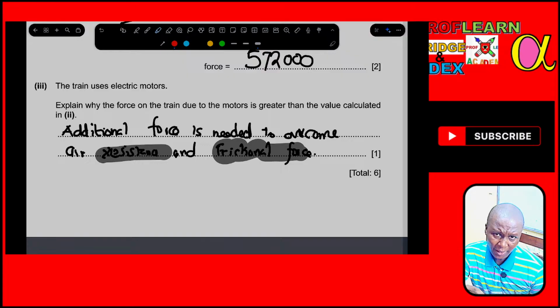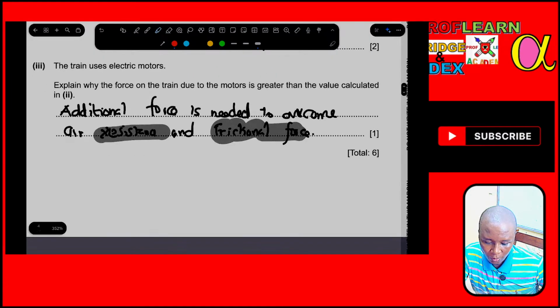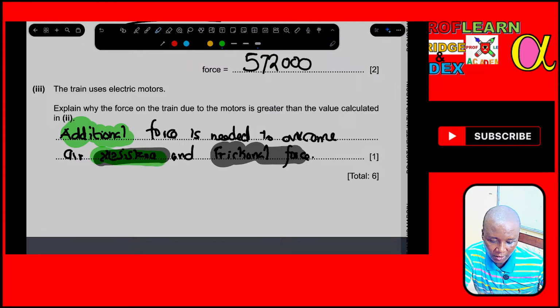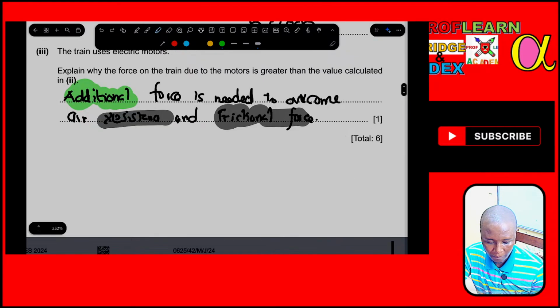So it means that more work has to be done, more force has to be supplied so that we can do the same amount of work. So additional force, in this case, the candidate was supposed to say additional force is needed to overcome air resistance and frictional force. So that's exactly what the candidate was supposed to state there.